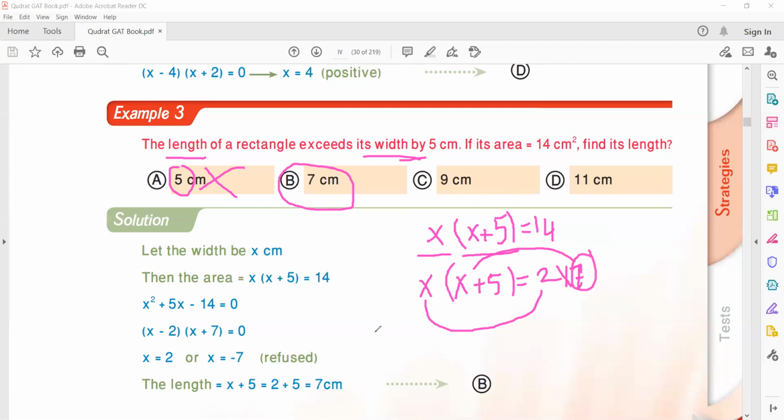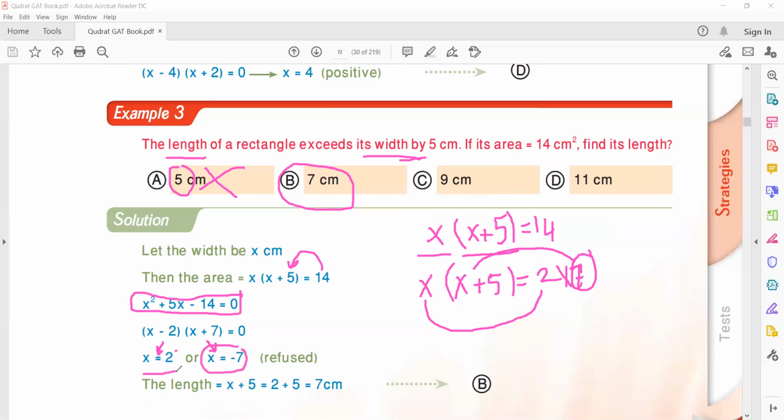Also another, the last way you can analyze: take 14 to the other side, then you have the equation. You factor it: x minus 2, x plus 7 equals 0. Then the first bracket, x equals 2, and the second bracket, x equals minus 7. So we refuse this because it is negative.